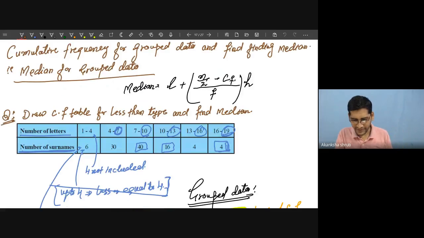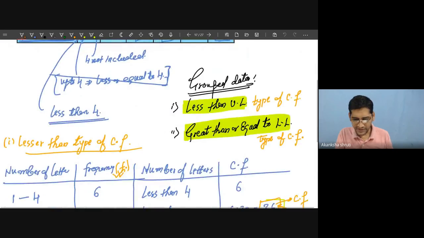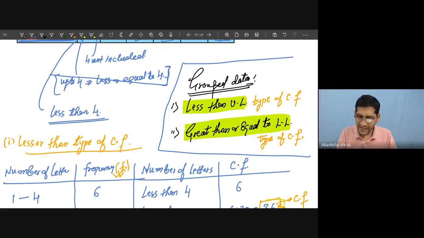That I had also explained. So frequency or grouped data can be converted into the two kinds of cumulative frequency table, either the less than type or the more than type.